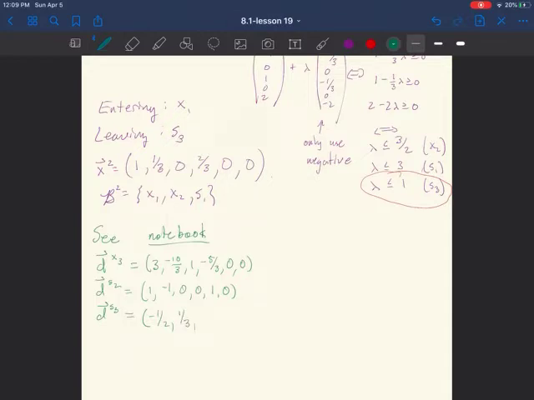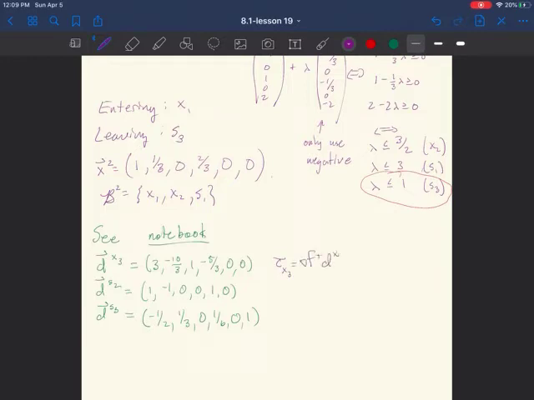And the third and final non-basic direction is minus 1/2, 1/3, 0, 1/6, 0, 1.